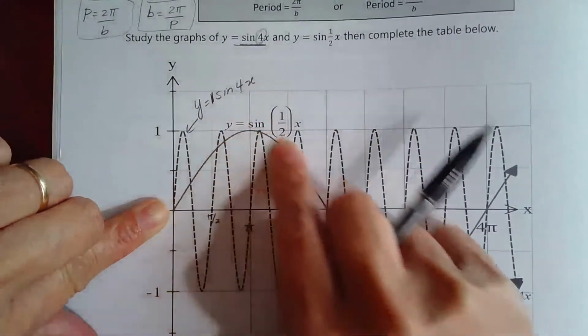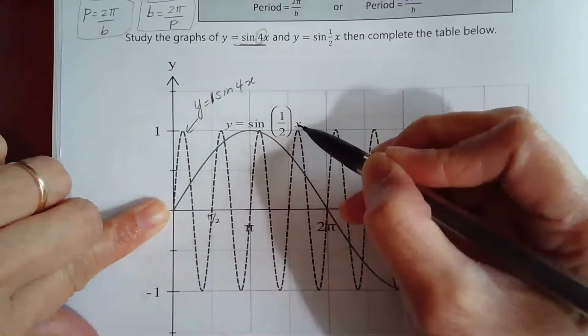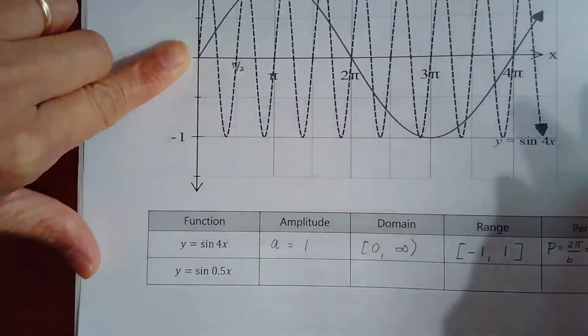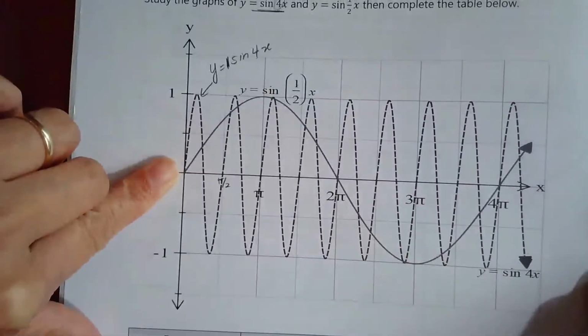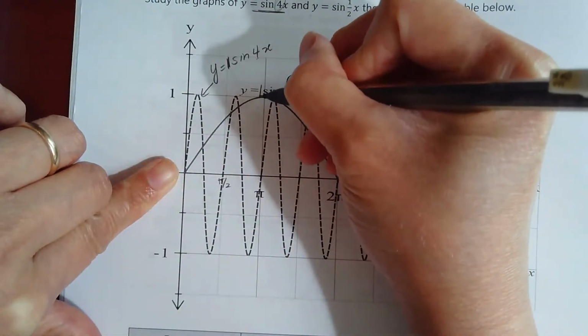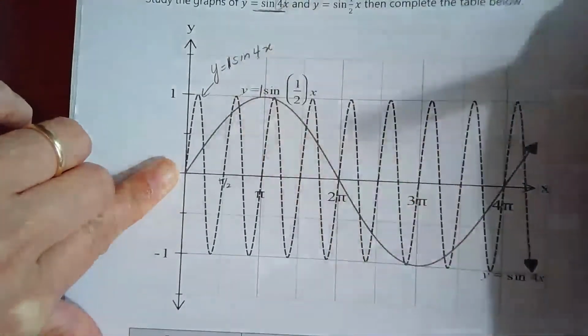The solid graph is our sine of 1/2 x. Over here they just wrote 0.5, that's okay, they're the same thing. The a value is not written, so it's understood to be 1. The b value is 1/2.